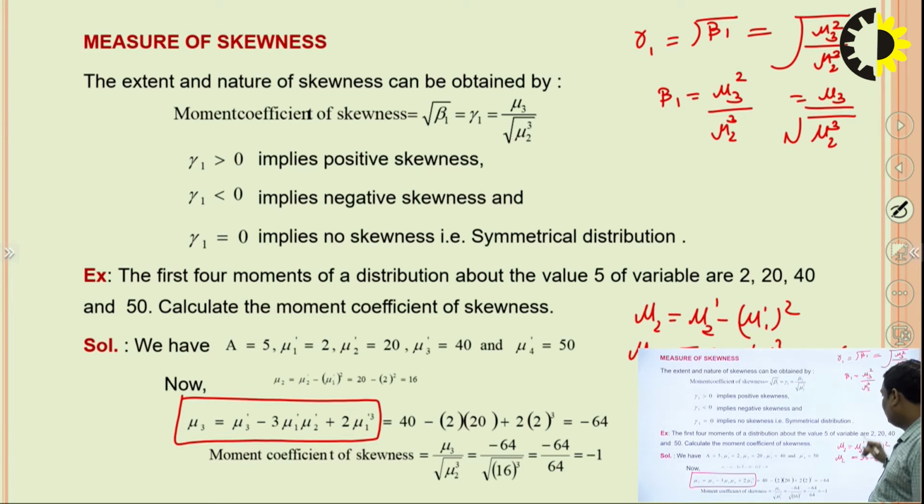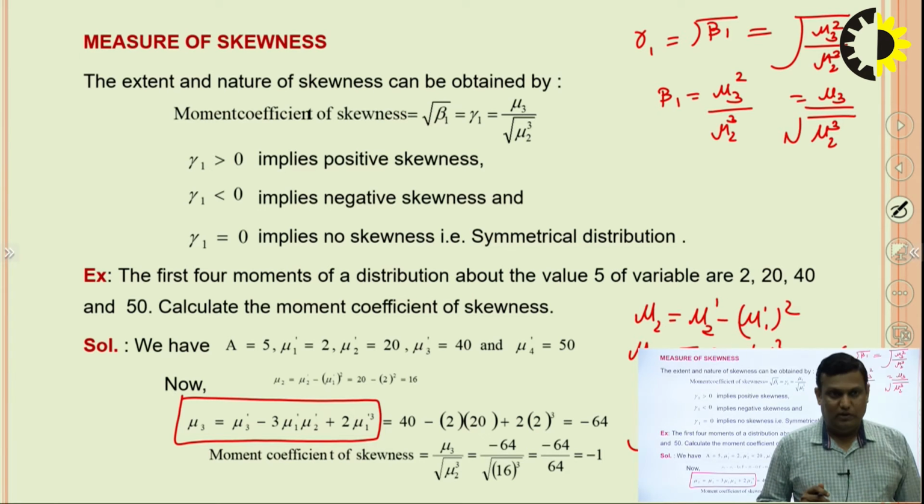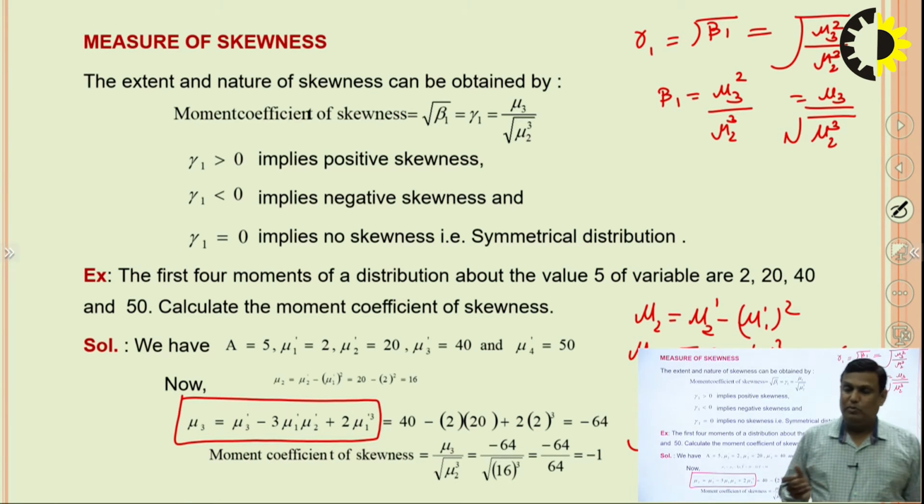Then mu 3 upon root of mu 2 cube means gamma 1, and gamma 1 value is minus 64 upon 64, and value is minus 1. And if value is minus 1 means our curve is negative skewed. In positive skew a positive value will come, in negative skew a negative value will come, means here the curve is negatively skewed.